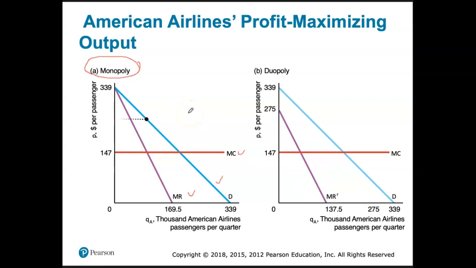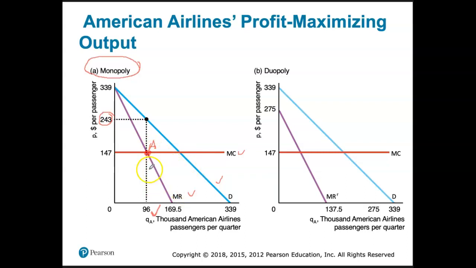Okay, so if it's a monopoly, let's take a look at panel A. It will produce at a point where MR equals MC right over here. Now let me just call this A. At this point we have quantity being 96, so American Airlines will choose to carry 96 passengers, or 96,000 passengers, and charge a price of $243, because it's the point where MR equals MC.